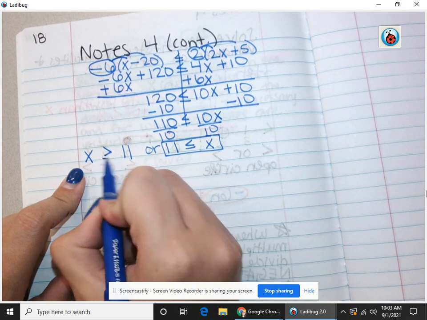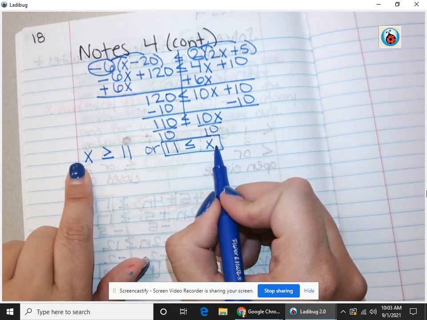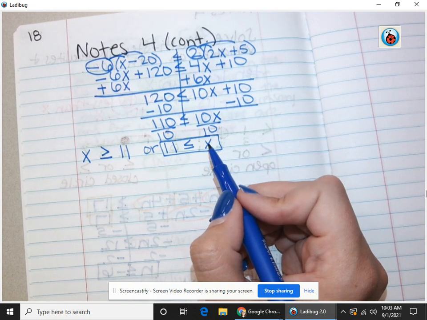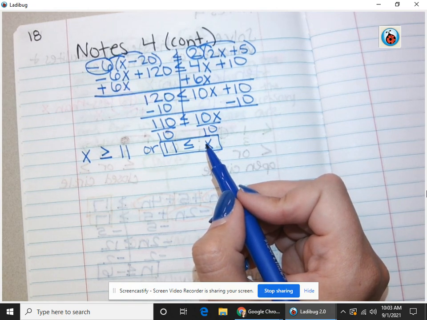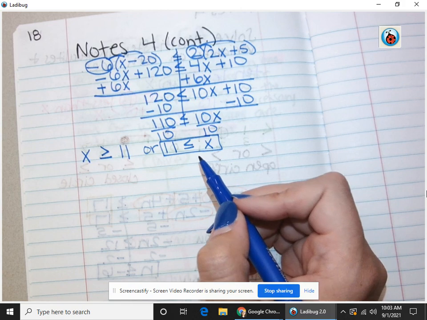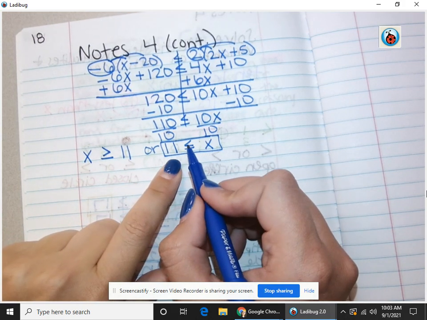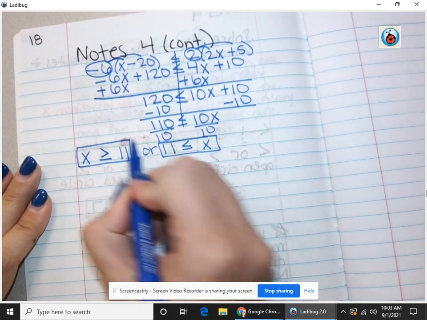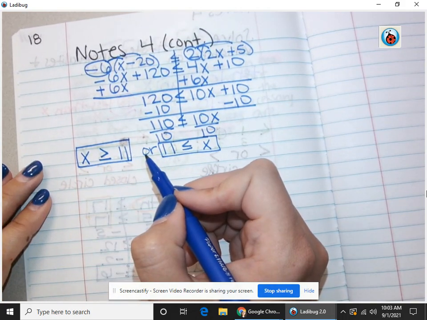Flip it to where your inequality still opens up to your x. I know you guys know this. The alligator or crocodile eats the bigger number. That's how you were taught for the longest time. Your inequality sign has to open up to the same number. But these two are the exact same.